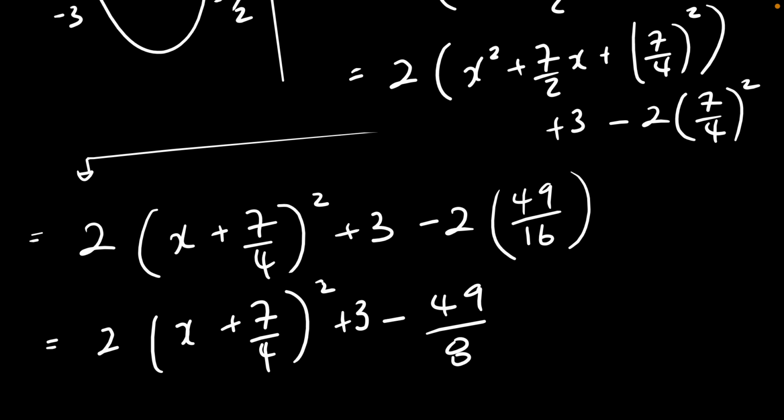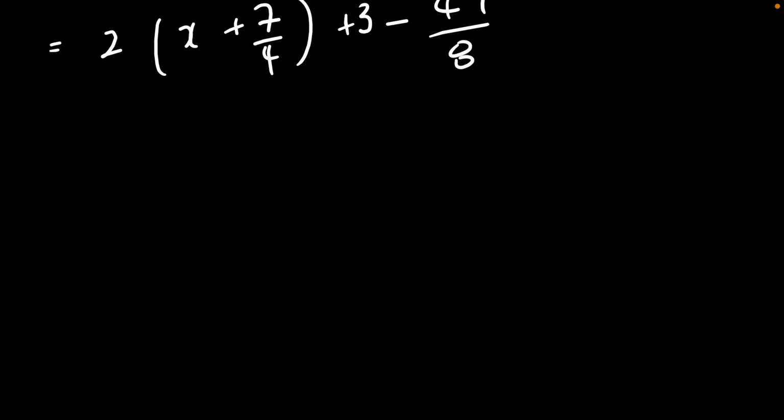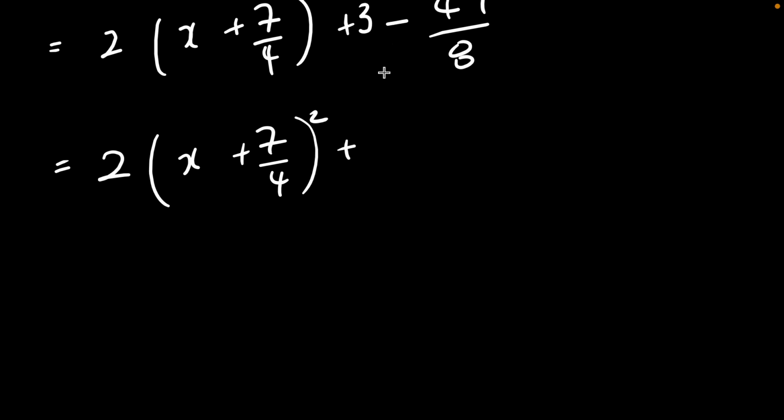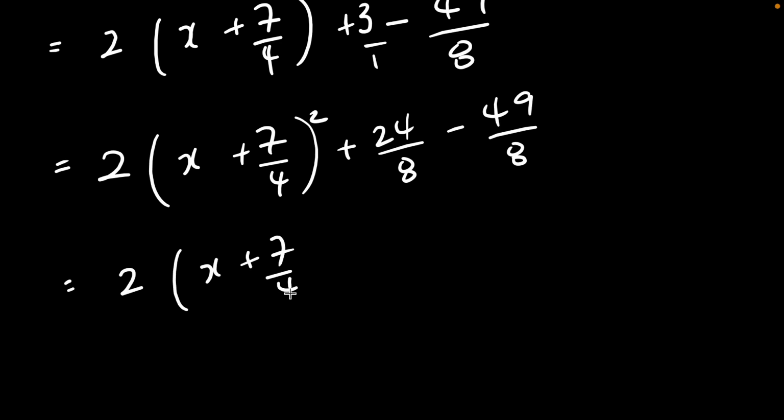Yeah, only in my head. All right, we're almost there. Let's make this math easier. We're almost done. x plus 7 over 4 all squared. And instead of having 3, this is 3 over 1, I'm going to write this as 24 over 8 minus 49 over 8. And so the final line is x plus 7 over 4 all squared minus what looks to be 25 over 8.